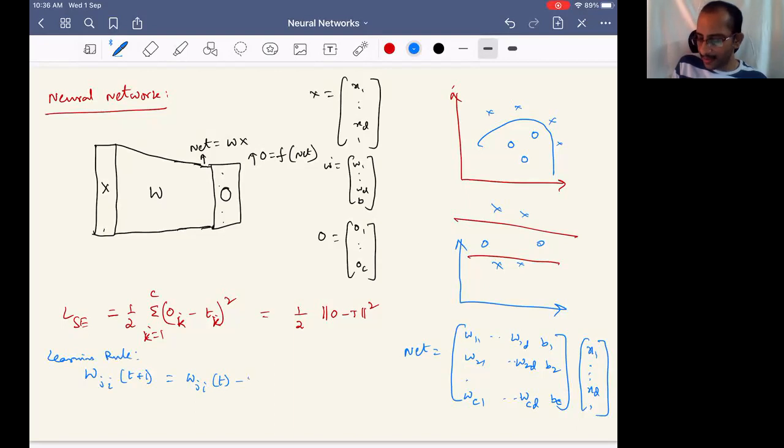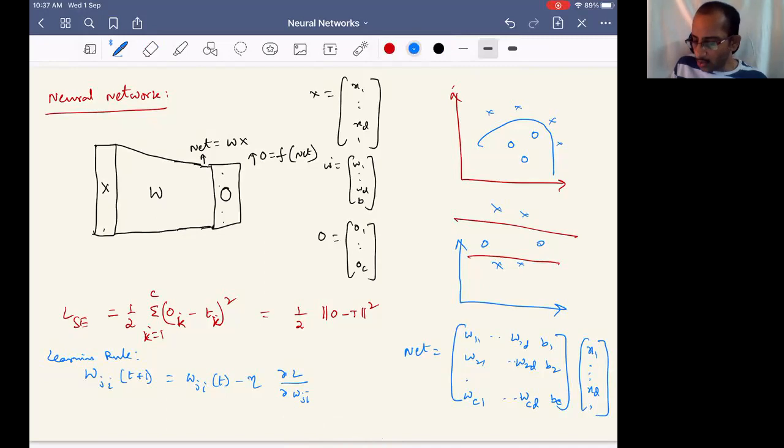Here also we apply gradient descent. This requires back propagation, which I use to update the weights when I have more layers and so on.